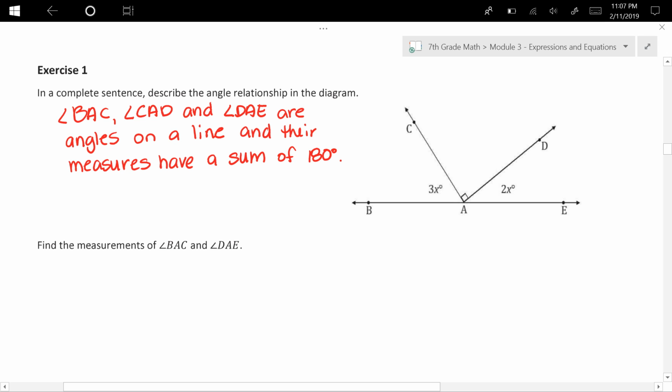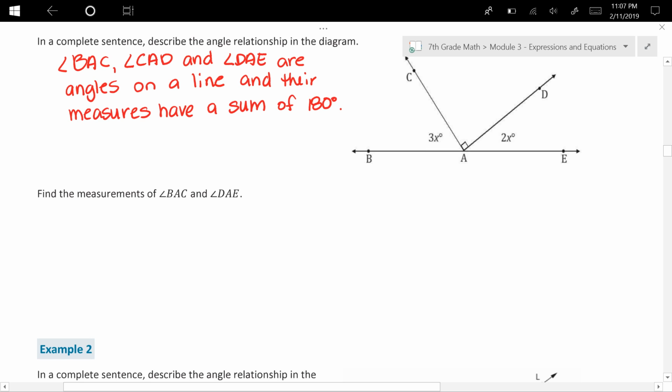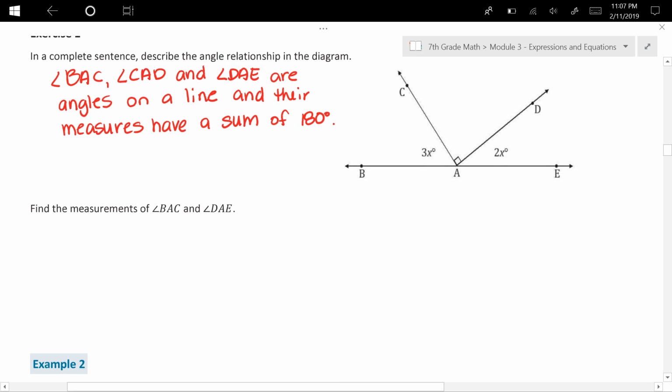So you might have written it differently, and that is perfectly fine as long as you have something sort of in that manner. So an equation, go ahead and write your equation, what you think that is.